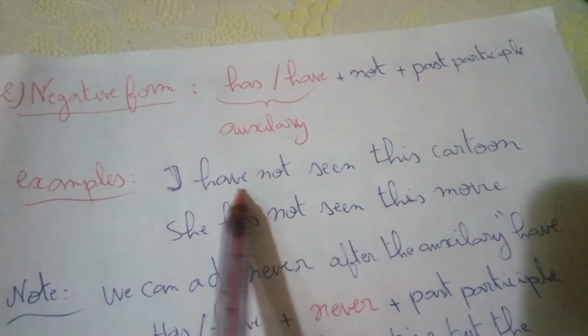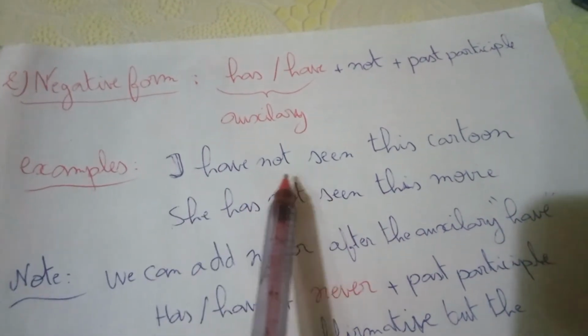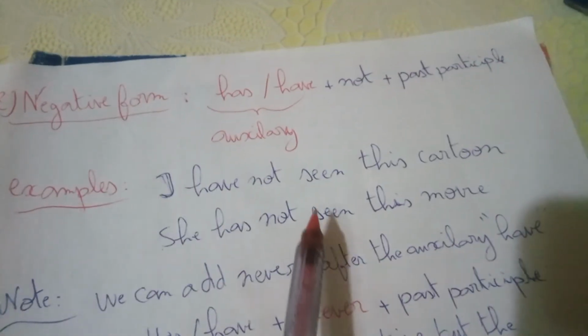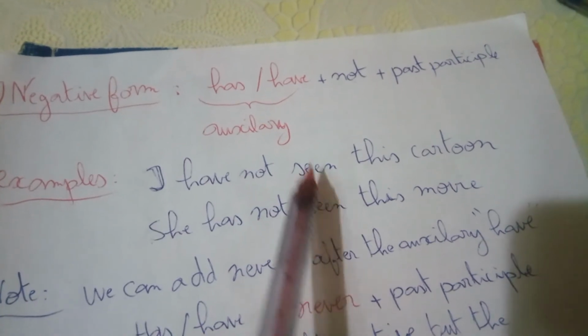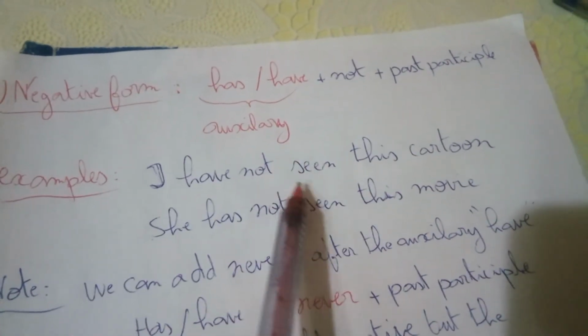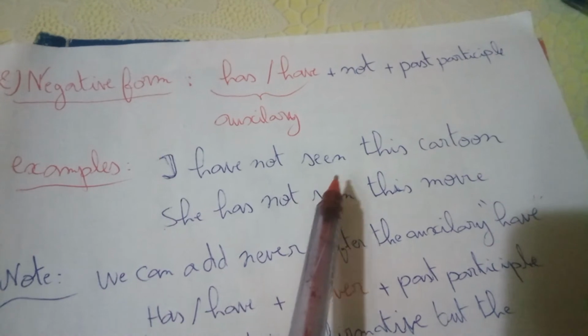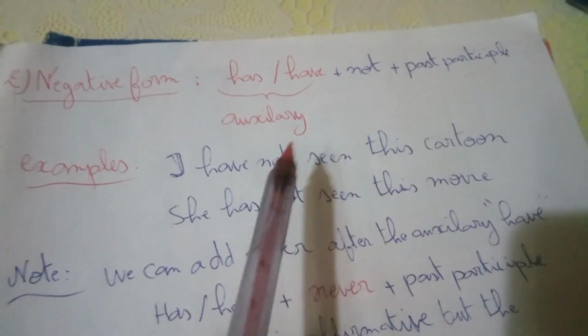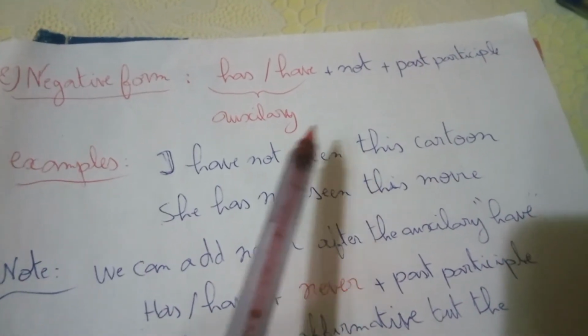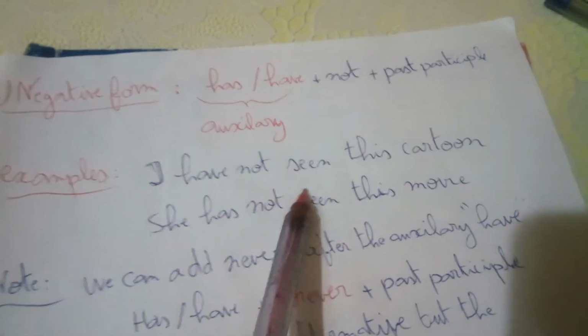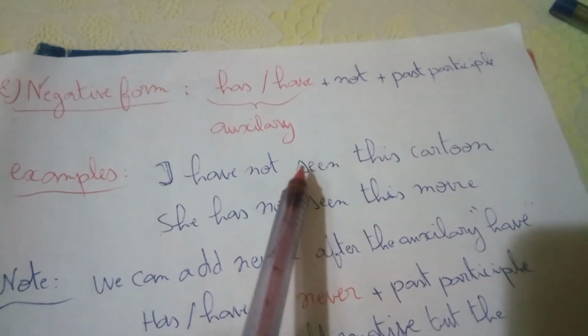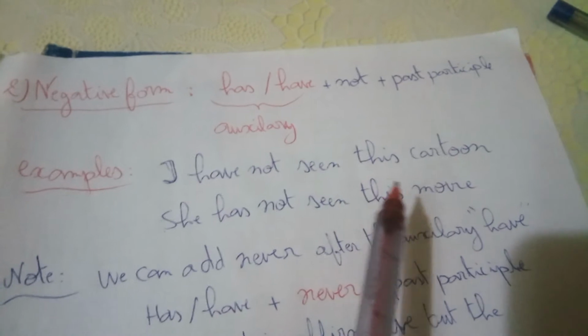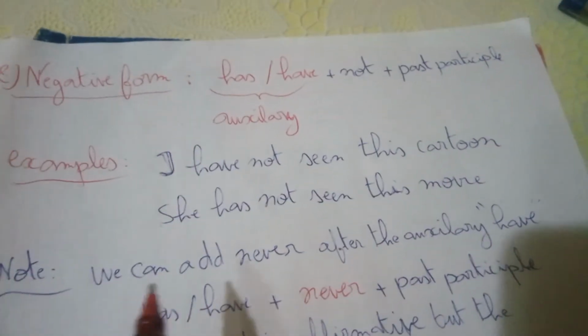Here we have have plus not plus seen, the past participle of the verb to see. It is an irregular verb: see, saw, seen. Seen is the past participle. I have not seen this cartoon.